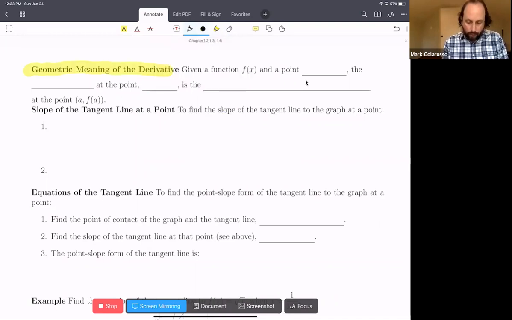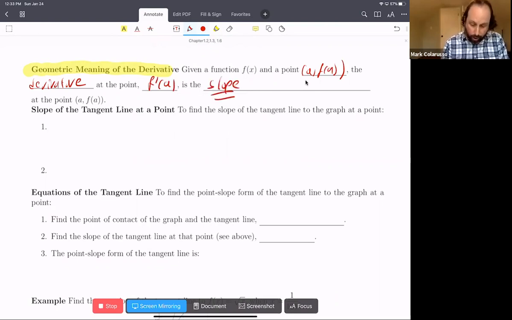Given a function f(x) and a point (a, f(a)) on this function, the derivative at the point, which we denote by f prime of a, is the slope of the tangent line to f at the point (a, f(a)).